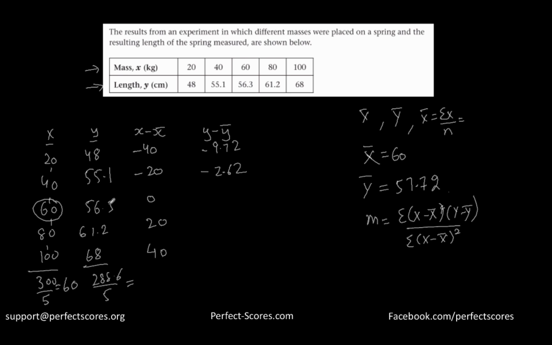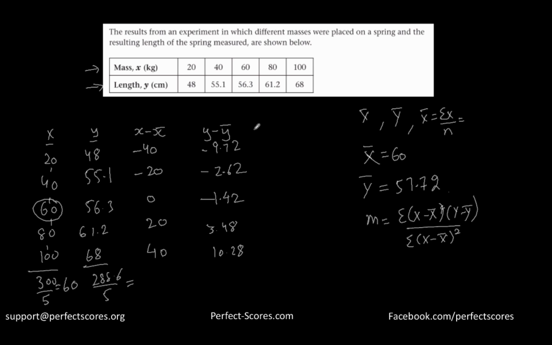Minus 56.3 is equal to 1.42. The average is 57, so that's negative, right? And then I have 61.2 minus 57.72, so that's equal to 3.48, and 57.72 subtracting 68 from it, I get 10.28. So that's x minus x bar for you, and that's y minus y bar for you guys.